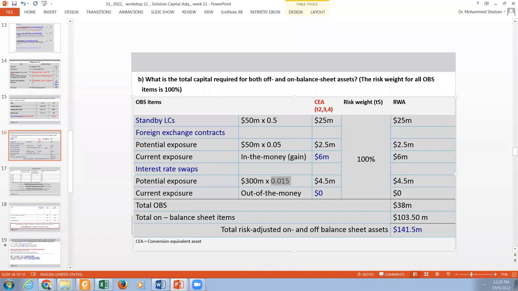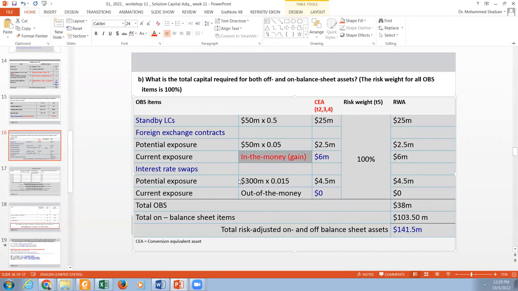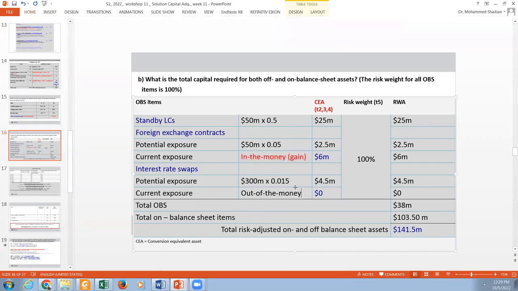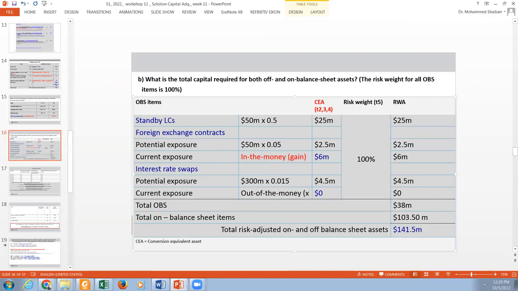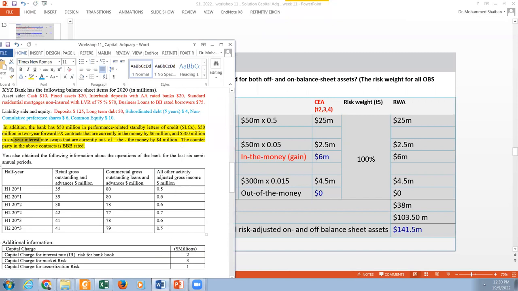I will see whether there is any current exposure. If the current exposure is in the money, I will count it. Out of the money, you don't count it. According to the problem, they told me it is out of the money.